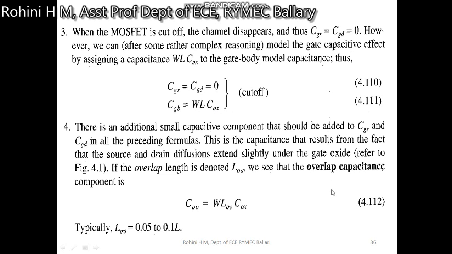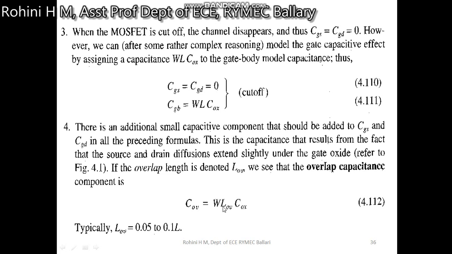Similarly, the next capacitance we mentioned here is the overlap capacitance. Overlap capacitance is given by W L overlap into oxide capacitance COX. What is this overlap length? L overlap is given by 0.05 to 0.1 times the length of the channel.